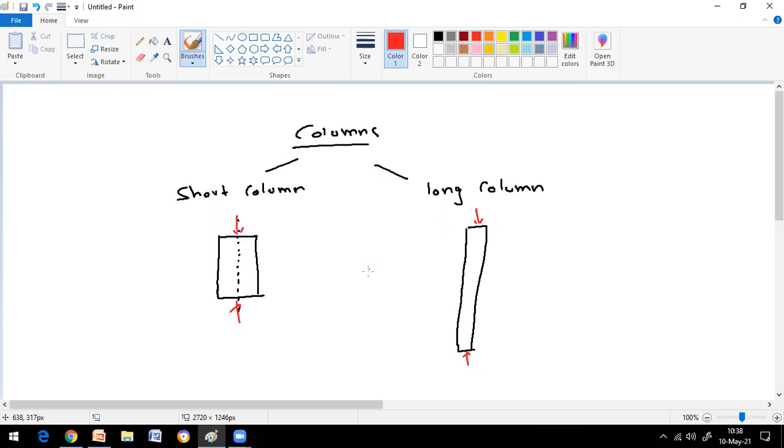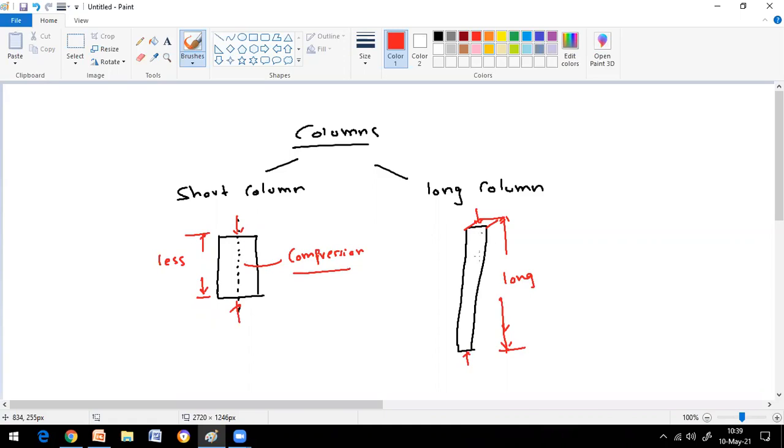The difference here is the dimension. With respect to width, the height of the short column is less. With respect to width, the height of the long column is long. Here there will be only one possible failure, that is compression. Why? Because a short column is basically a compression member. Due to the compression force, short column members will be subjected to only compression.